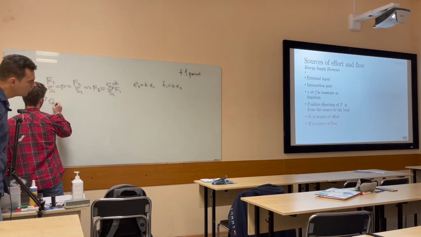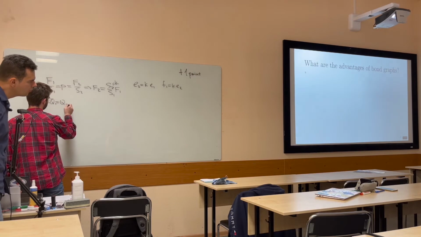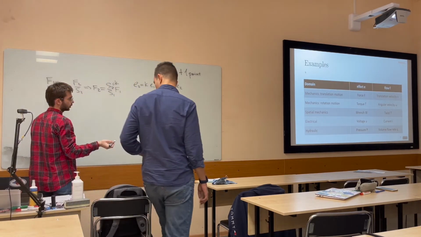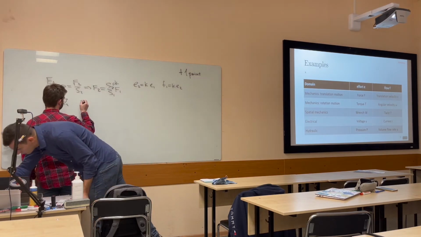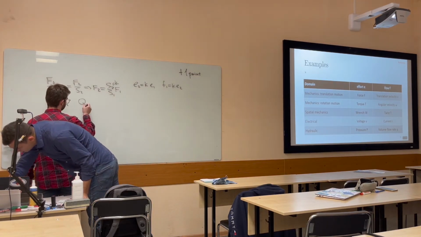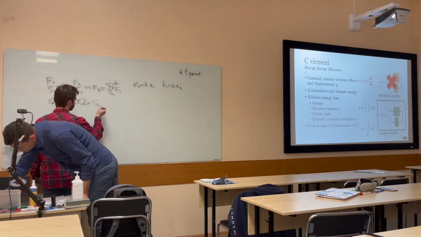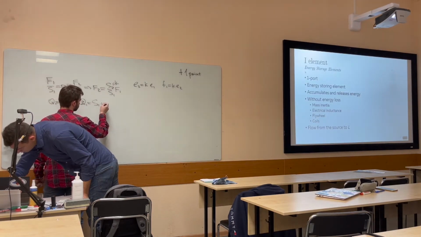So Q1 equals Q2, and how can we define these? The rate is the area of the piston multiplied by velocity.